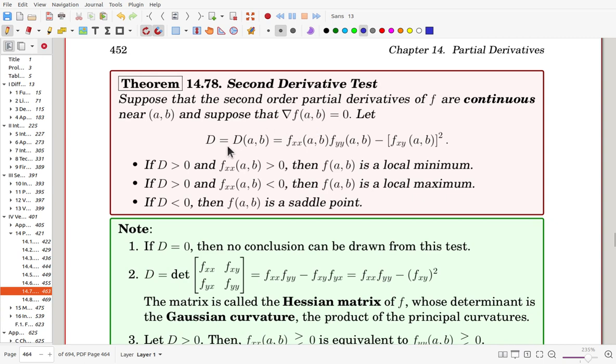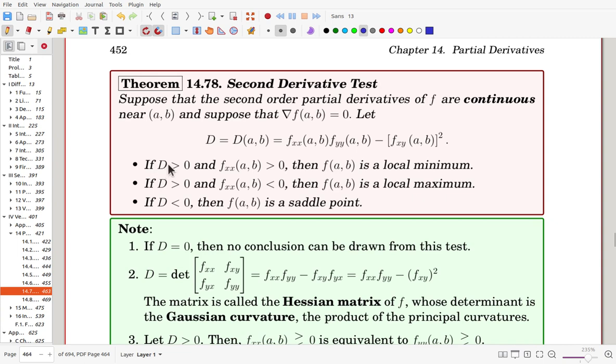Now we define D as f sub xx times f sub yy, minus f sub xy squared, evaluated at the point (a, b). We'll see the meaning of this quantity here.